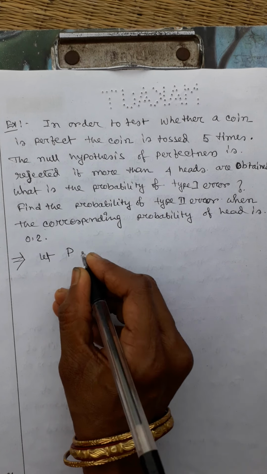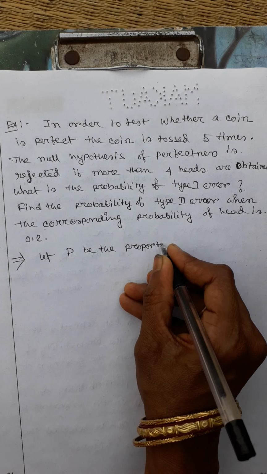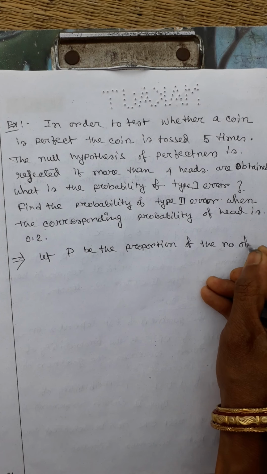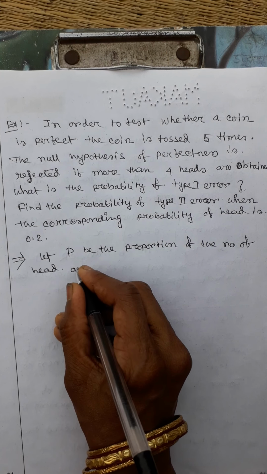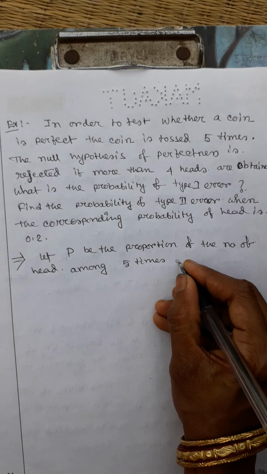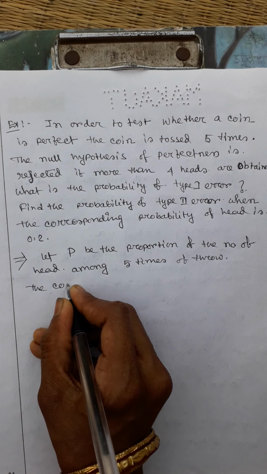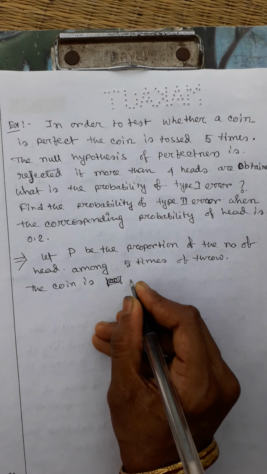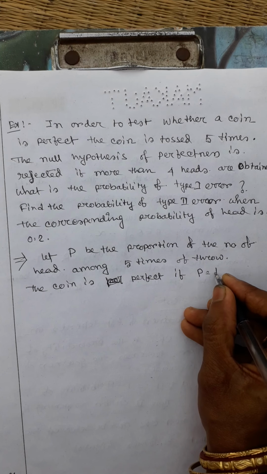Let P be the proportion of the number of heads among 5 times of throw. The coin is perfect if P is equal to half.